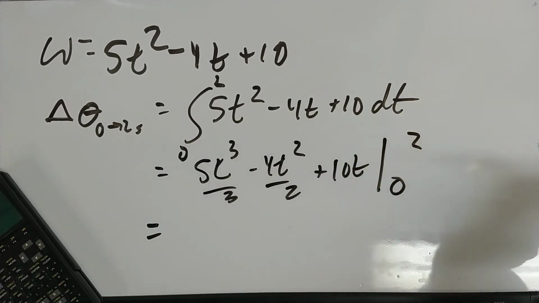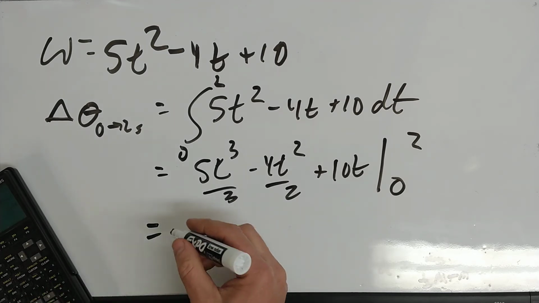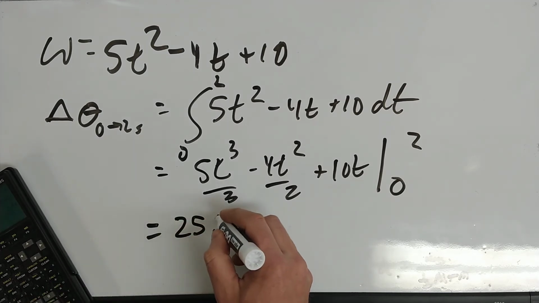So 0 just is 0, but we plug this in here. So 5 times 2 cubed divided by 3 minus 4 times 2 squared divided by 2 plus 10 times 2 gives us about 25.3 radians.